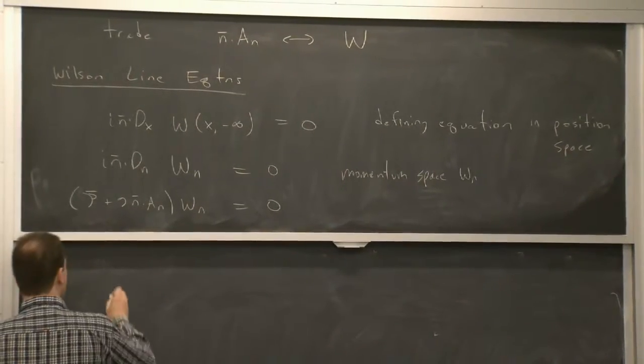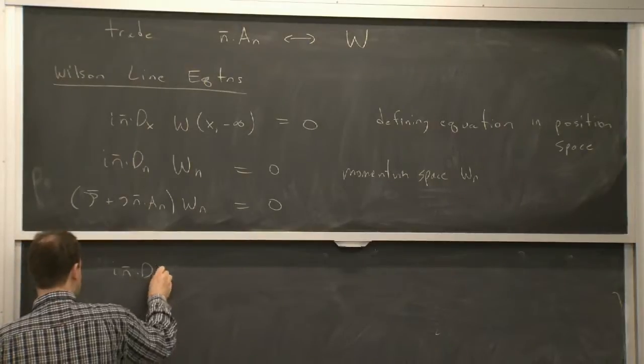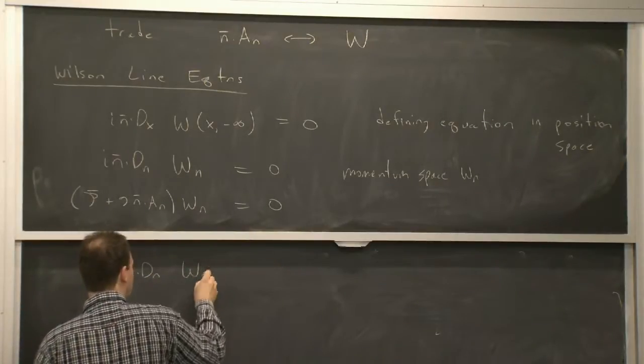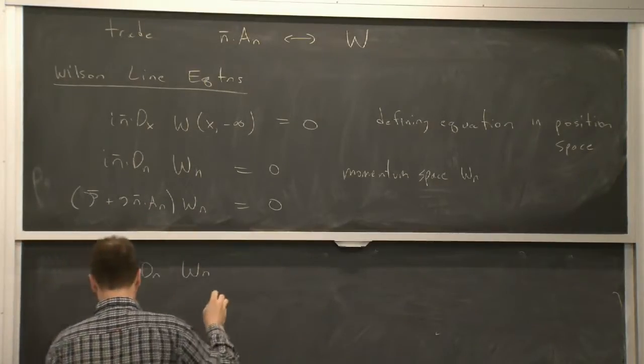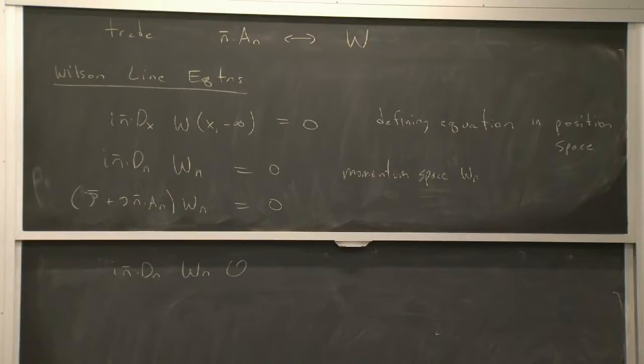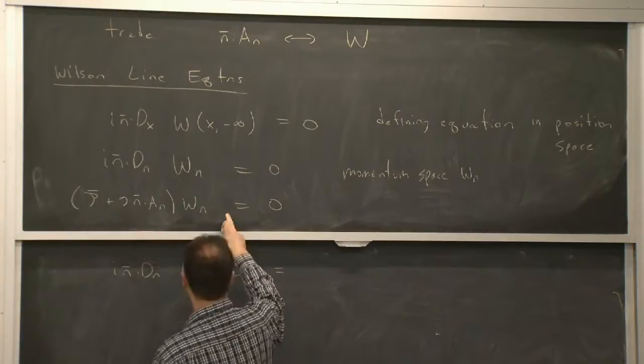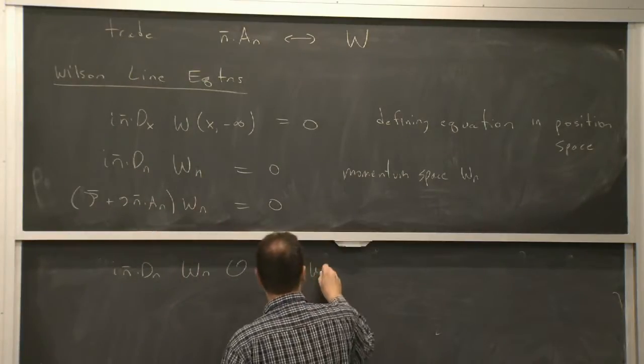Okay? So now consider the following thing. Consider this combination. But let me think about it as an operator equation. So let me think about it as if there could be something to the right. If there's something to the right, then the p-bar can act on that thing too.